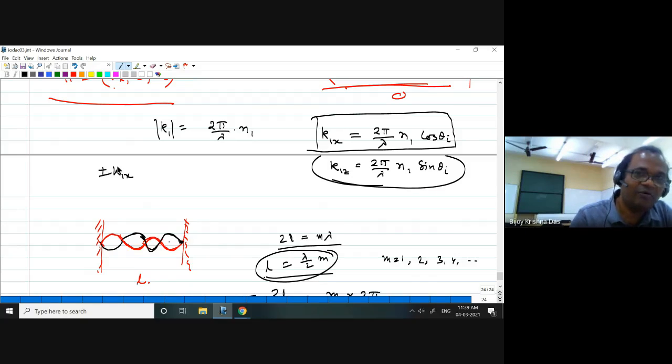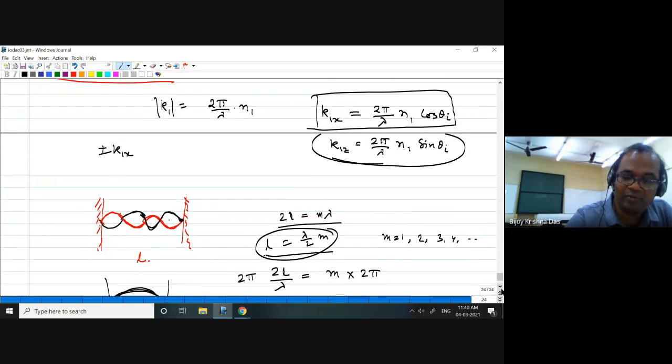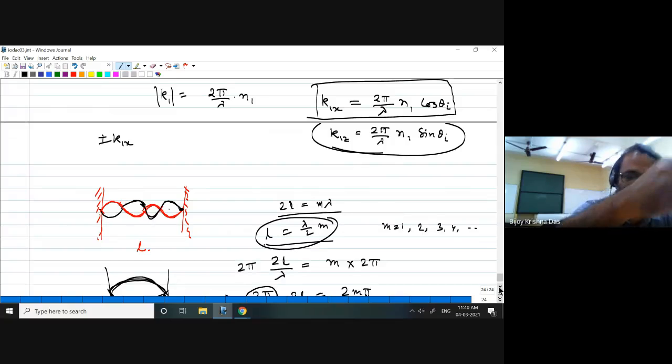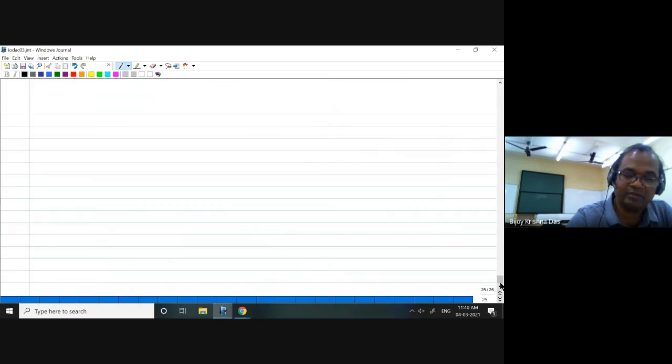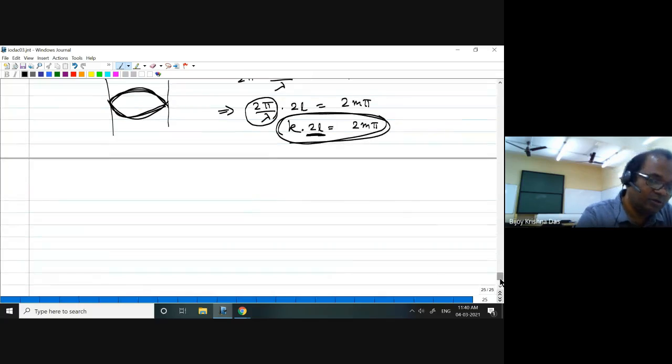So if I only concentrate on k1x, I have two counter-propagating waves. Two counter-propagating waves means I can consider that the wave is going and coming back with a reflection, and in that case I can say that k1x multiplied by 2d.